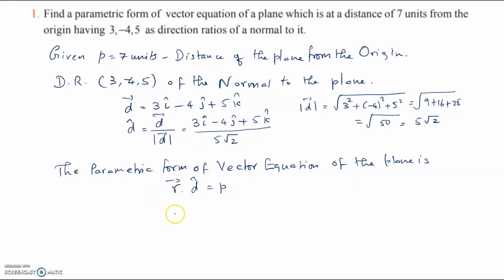So replacing those values, we get r vector dot product with 3 i cap minus 4 j cap plus 5 k cap divided by 5 root 2 is equal to 7. So that's our required answer.